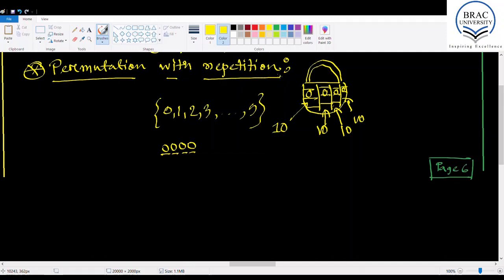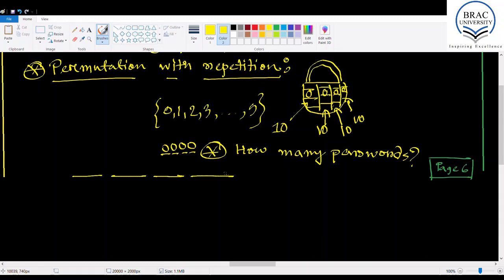Okay, so if the question becomes how many possible passwords are there for this lock, can you answer this? To solve this problem, at first we can divide this procedure into 4 different tasks: task 1, task 2, task 3, task 4.